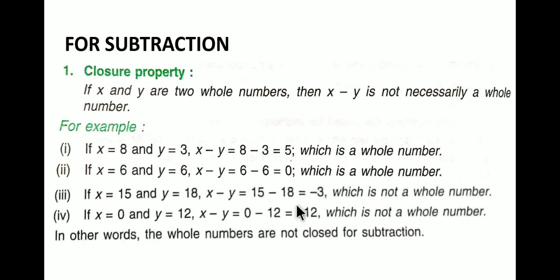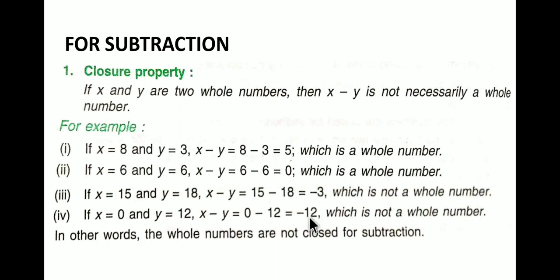But when the numbers appear in this way, that a greater number is subtracted from a smaller number, like 15 minus 18, the answer is minus 3. But minus 3 here is not a whole number. Similarly, when x is 0 and y is 12, when we subtract 12 from 0, the answer obtained is minus 12. So minus 12 or negative numbers are not whole numbers.